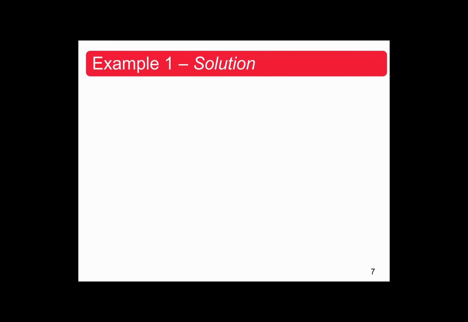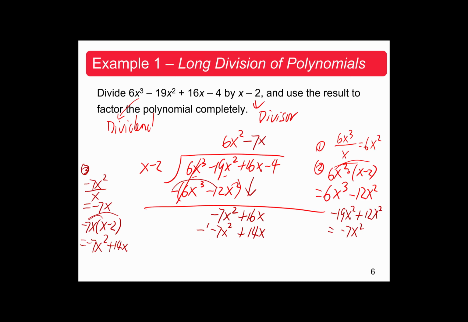Now again, we subtract. Similarly, we cancel the negative 7x squared. Now we get 16x minus 14x, and we get 2x as the remainder. 2x goes here. And again, carry down the minus 4.